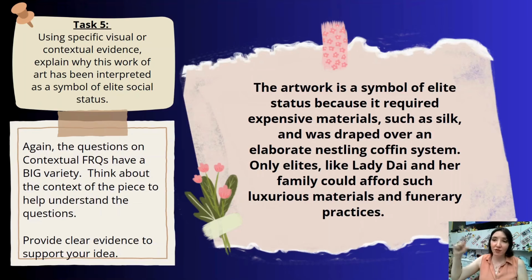So I wasn't confident about my first sentence being strong enough to say why it was social status. So I backed it up saying, well, of course, those materials being expensive is for the elite because they are luxurious. They're expensive. So only those kind of people could afford it. So that's an example. Again, when it says explain or why, dive deep and really explain why. Keep diving into the why.